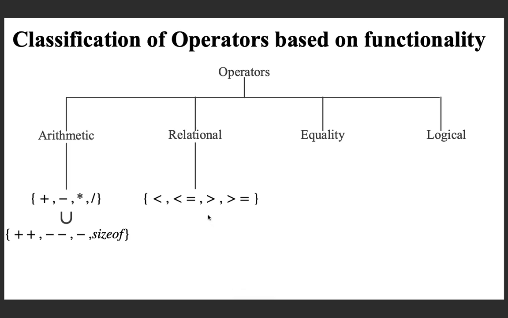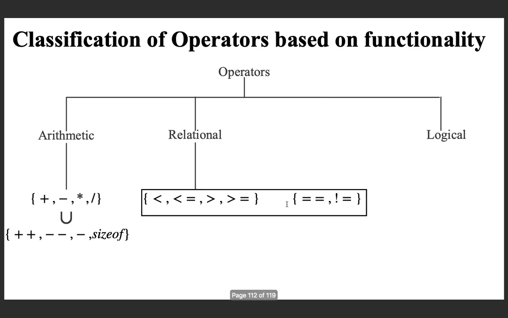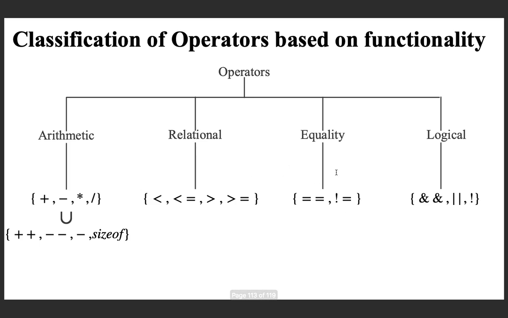Relational operators are these, equality are these two. Some people say this is relational, but these are different because they have different precedence. Relational operators have higher precedence than equality operators.